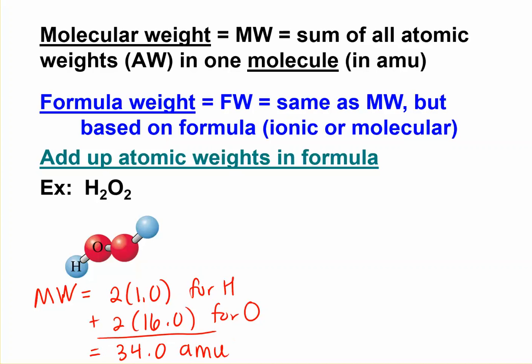And that means the mass of 1 molecule of H2O2 is 34.0 atomic mass units.